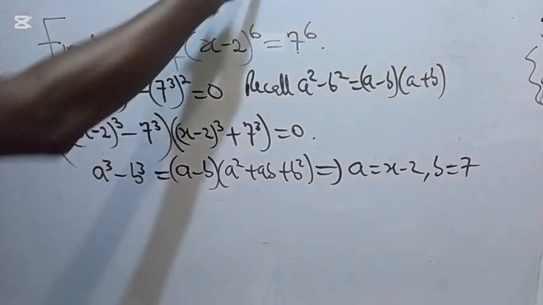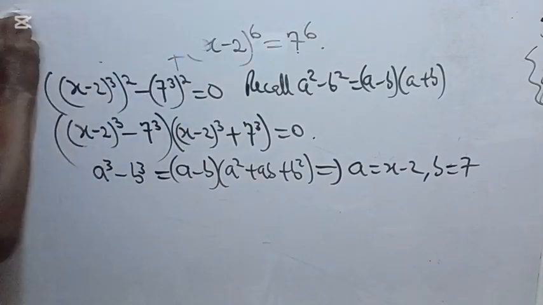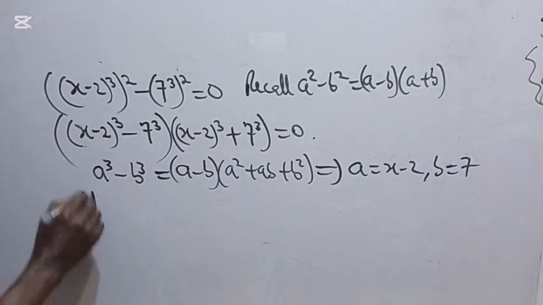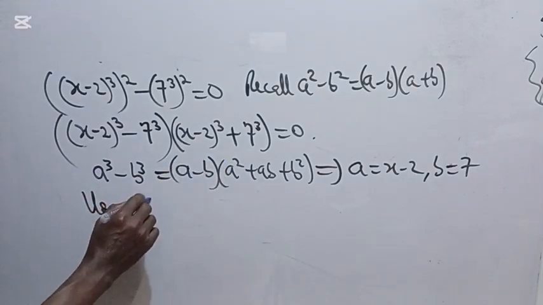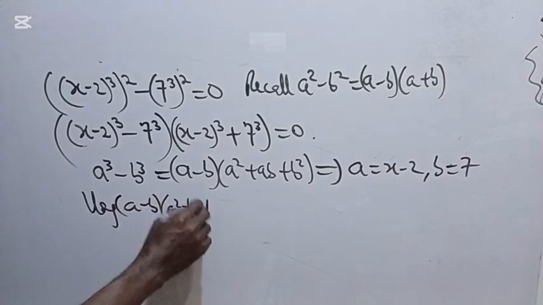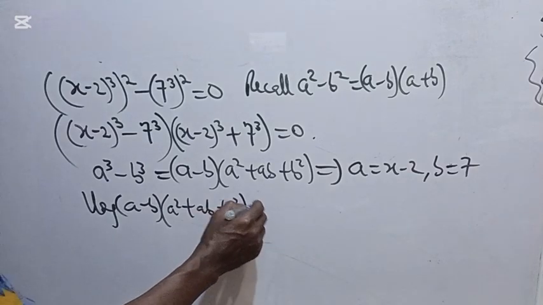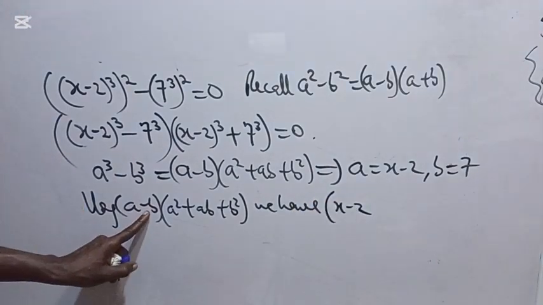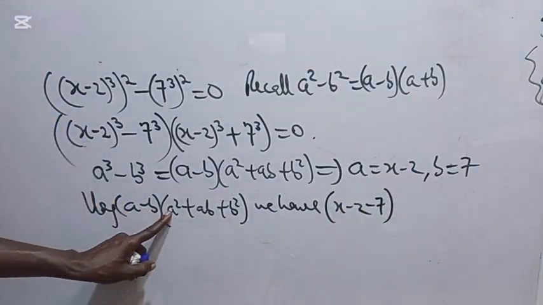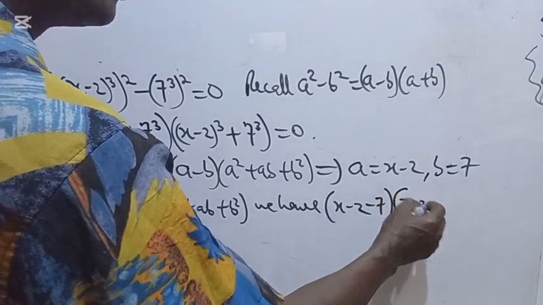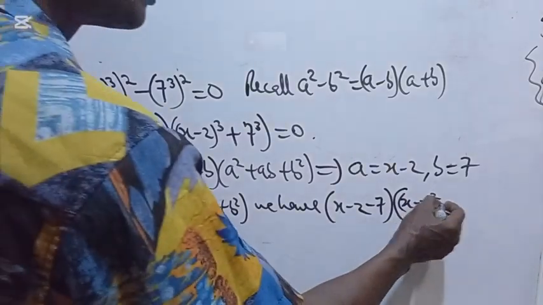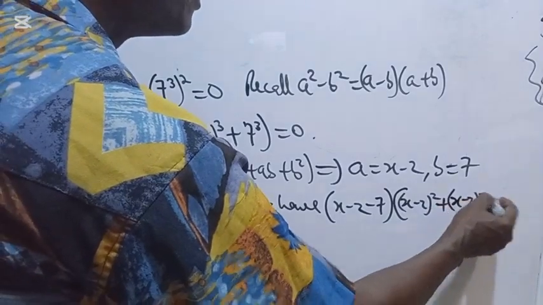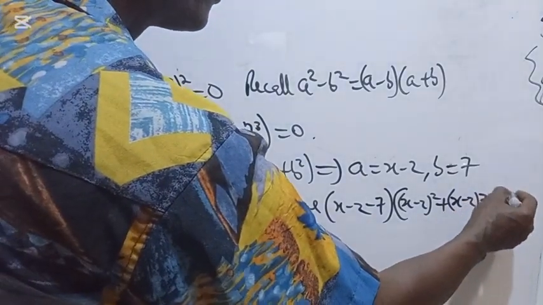So now, using the first one, let's clean this up. Using a minus b into brackets a squared plus ab plus b squared, our a now is x minus 2: a minus b, minus 7, into a squared, (x minus 2) squared, then plus ab, that's (x minus 2) multiplied by 7, plus b squared, 7 squared.